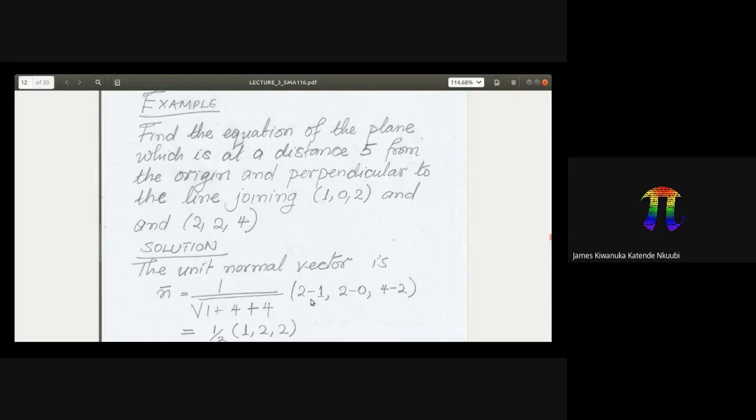So this gives you the vector that is normal to the plane. But you don't want this vector, you want a unit vector in the direction of this normal. That means you have to divide it by its magnitude.